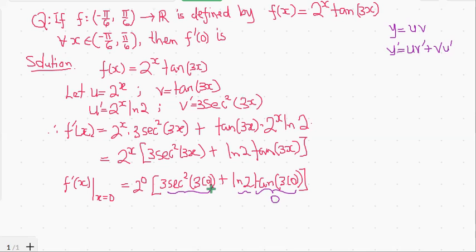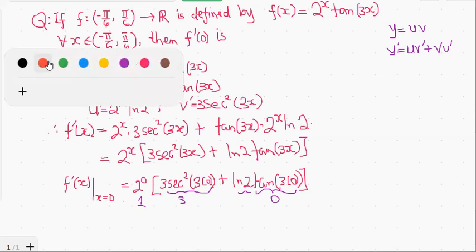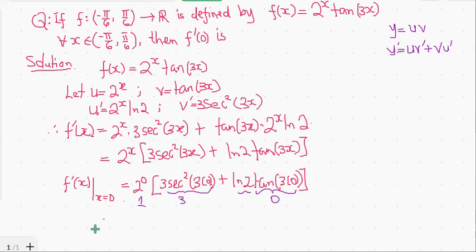So 3 times 0 is 0, sec 0 is 1, 1 times 3 is equal to 3. And here over this is 1, 2 raised to the power 0 is 1. Therefore, f prime of 0 is equal to 3 finally.